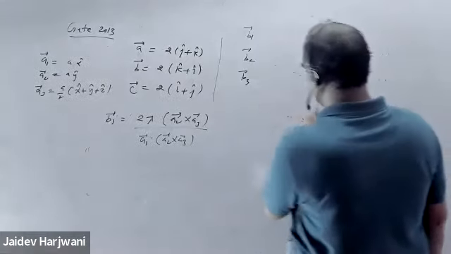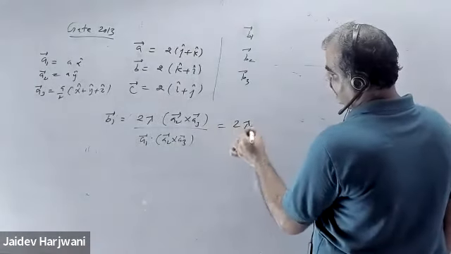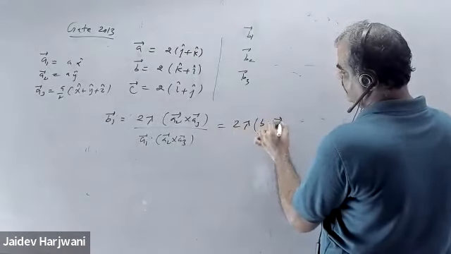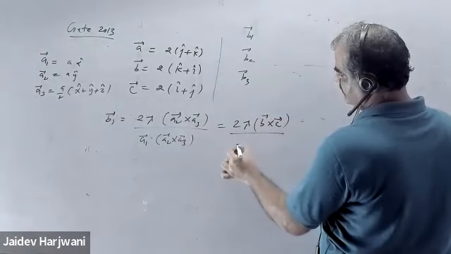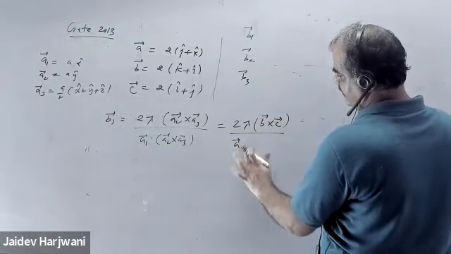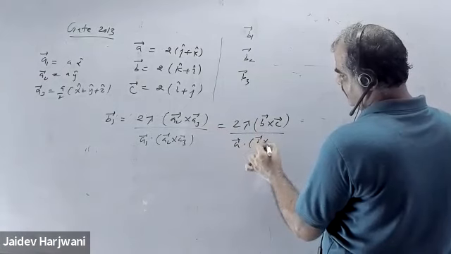So this is your 2 pi B cross C, and this is A dot B cross C.